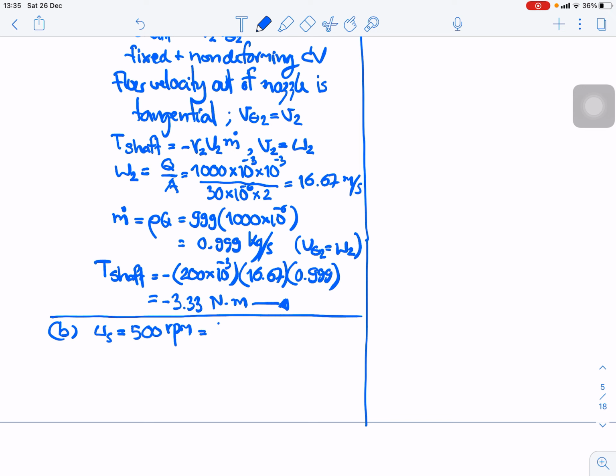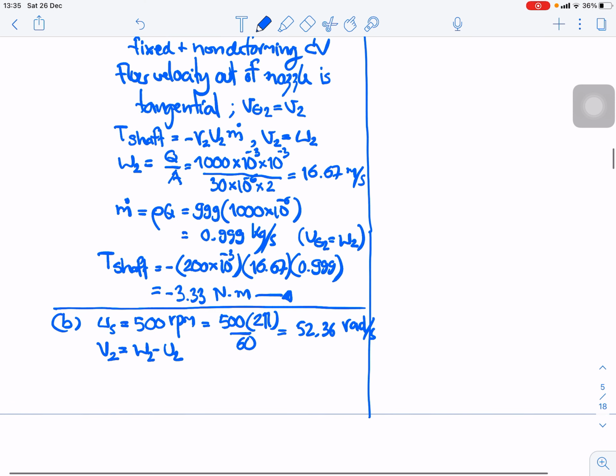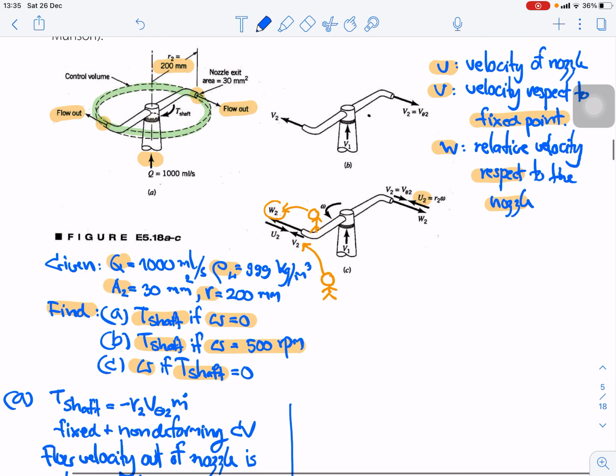Converting to radians, 2 pi radians per revolution, we got 52.36 radians per second. And V2 is equal to W2 subtract U2.